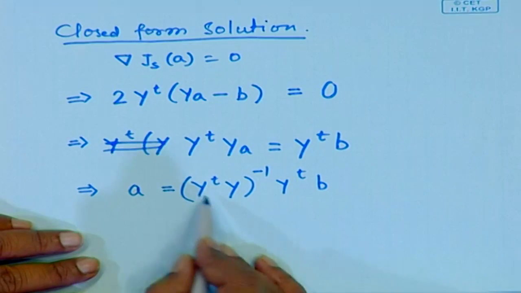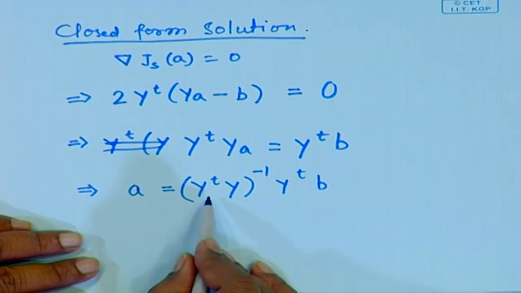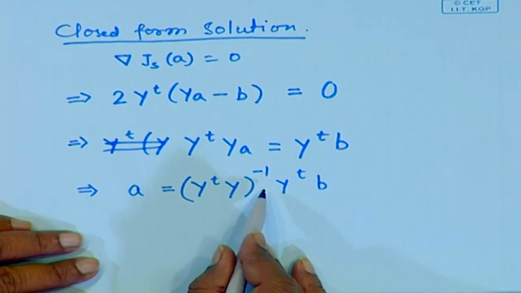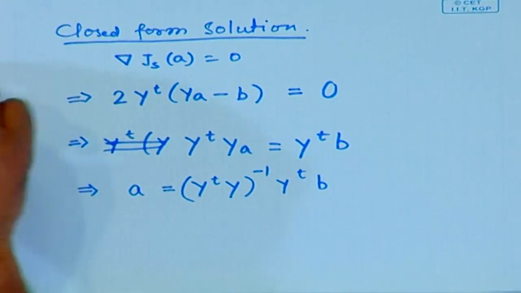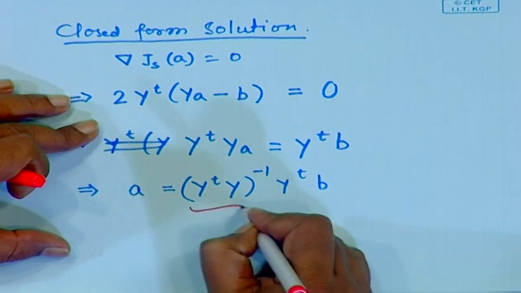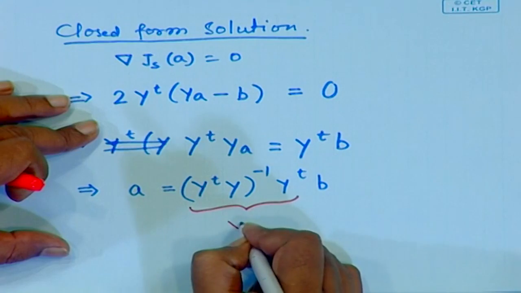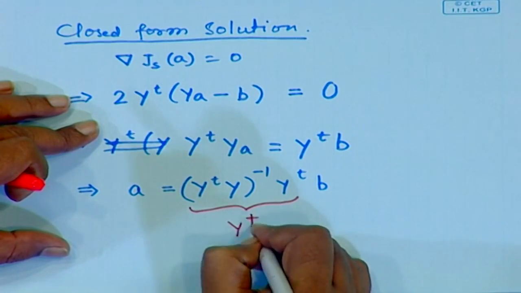So, this being a square matrix, and if it is non-singular, I can find out (y transpose y) inverse, and this term, (y transpose y) inverse into y transpose, is what is known as pseudo inverse.